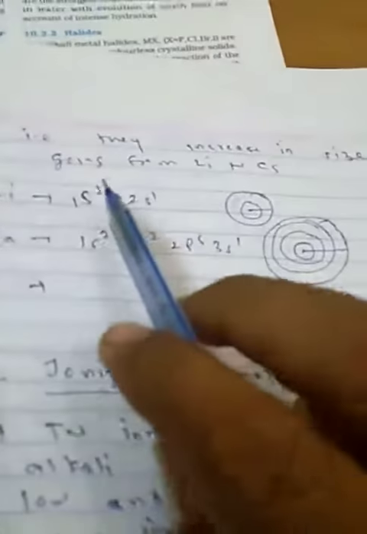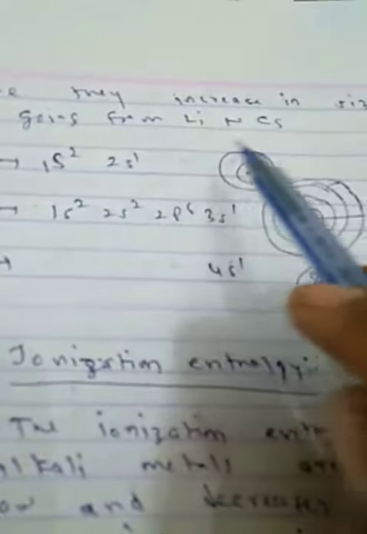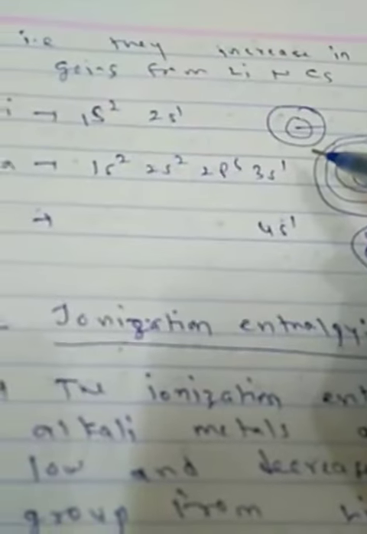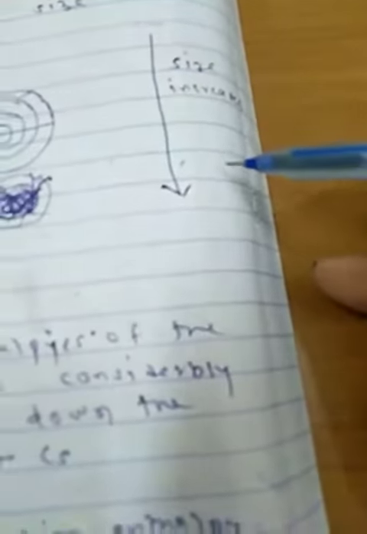I hope you understand well the difference between the ionic and atomic radius. Now there is an increase in size going from lithium to cesium. Lithium is 1s2 2s1, sodium is 1s2 2s2 2p6 3s1, like that. So the distance is going to increase, so size increases.